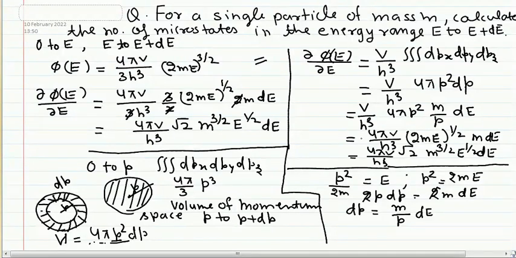A very important point in this question is the single particle. This is a very important fact. If it is not a single particle, then we cannot write the number of microstates as the number of cells. Then the method will be different. So this is only for the single particle.